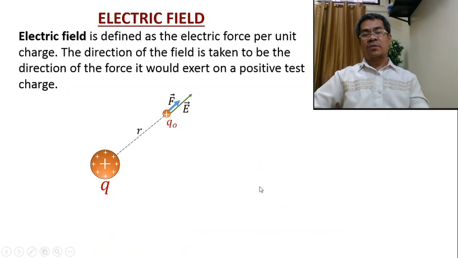Now, what will happen if we are looking for the electric field closer to the charge? Suppose we are asked to calculate the amount of electric field which is closer. Most probably, the electric field now is greater.